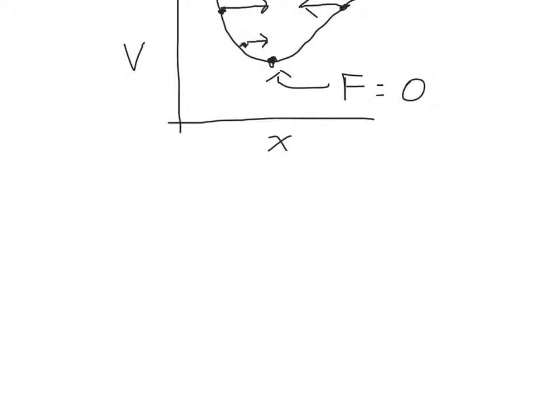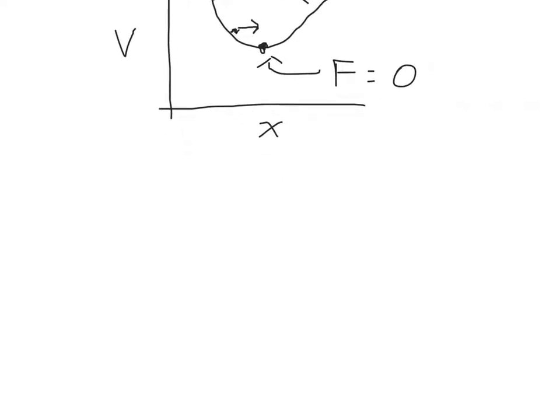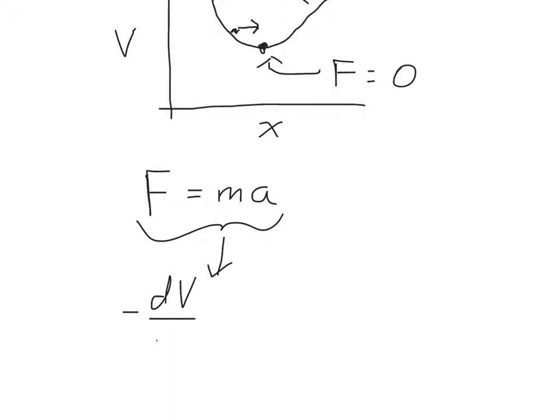So, with these definitions of potential energy and momentum, we can show that Newton's law, which we write this way, is equivalent to this formulation: minus dV dx, the derivative of potential energy with respect to position, is equal to dP dt, the derivative of momentum with respect to time.